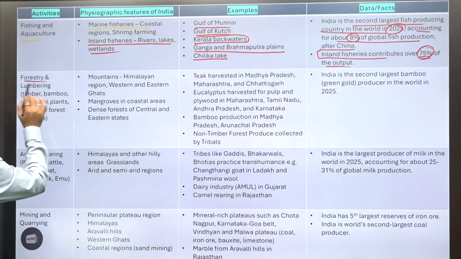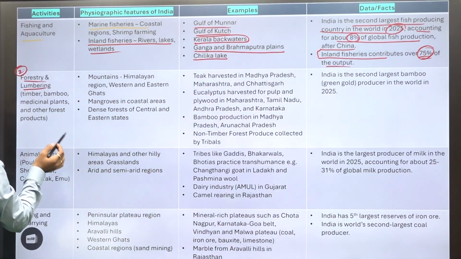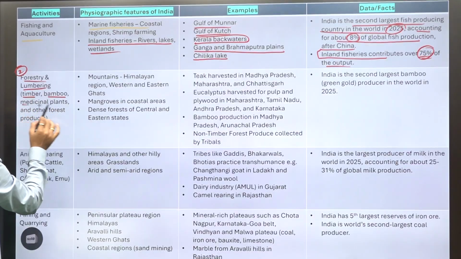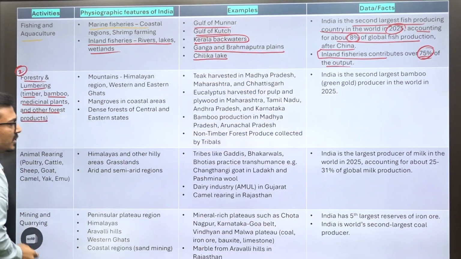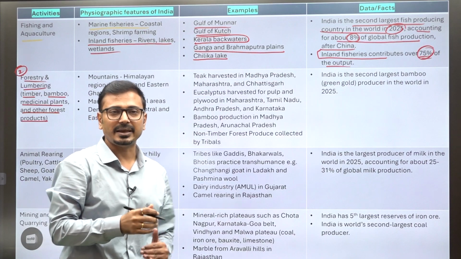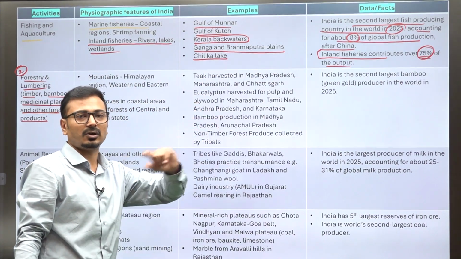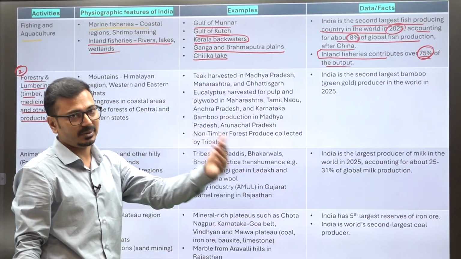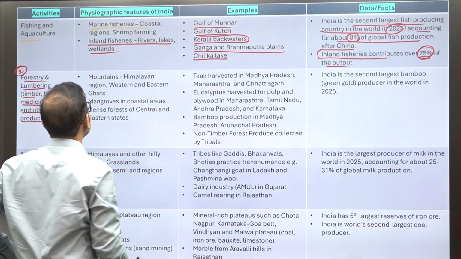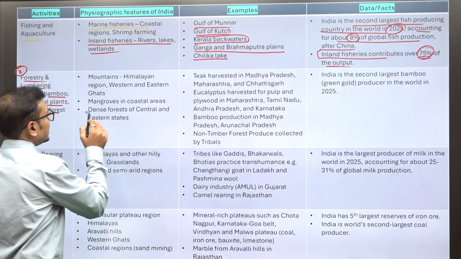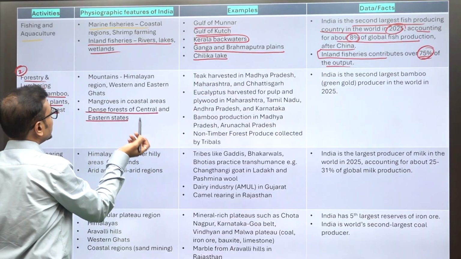Then forestry and lumbering, the second factor. It involves timber, bamboo, medicinal plants and other forest products, or non-timber forest produce like honey collection, tendu leaves, and that gives, we can say, a lot of income, especially for tribal people in central Indian states. Like we can mention here, dense forest of central and eastern states.